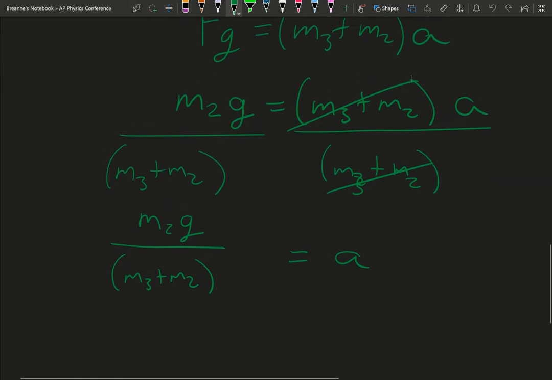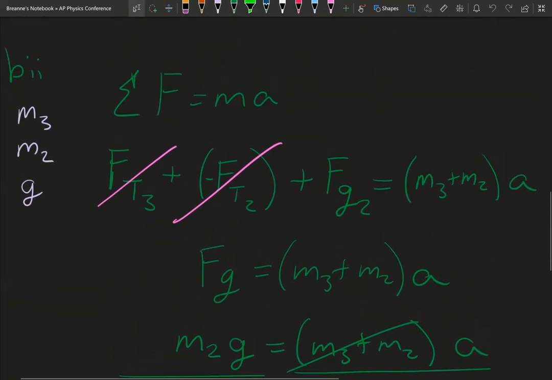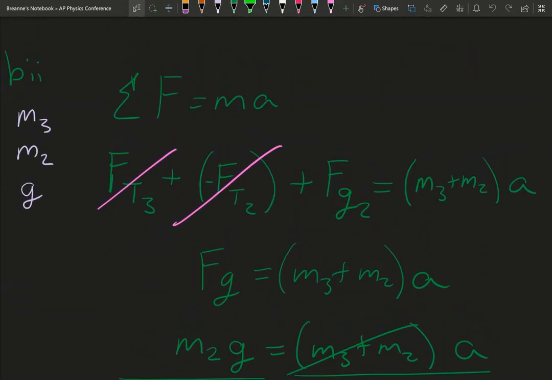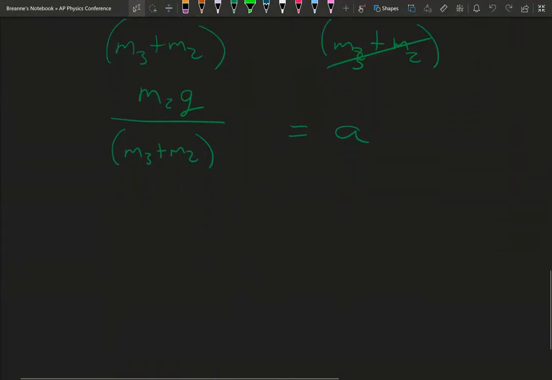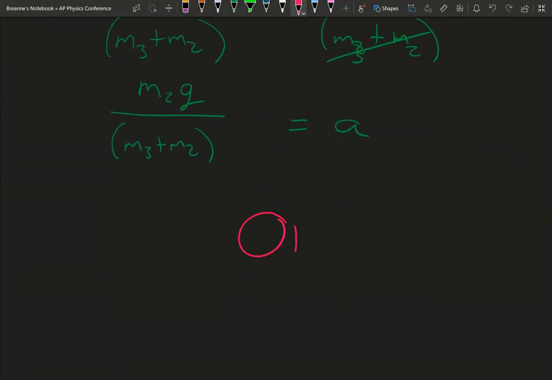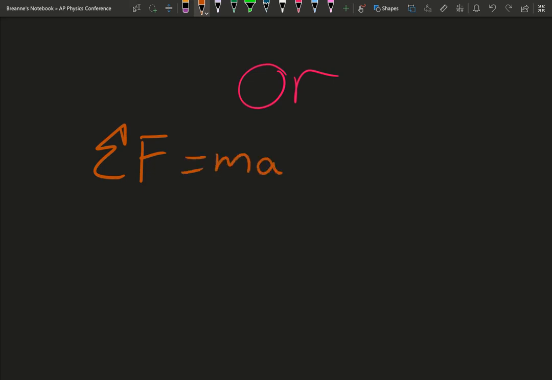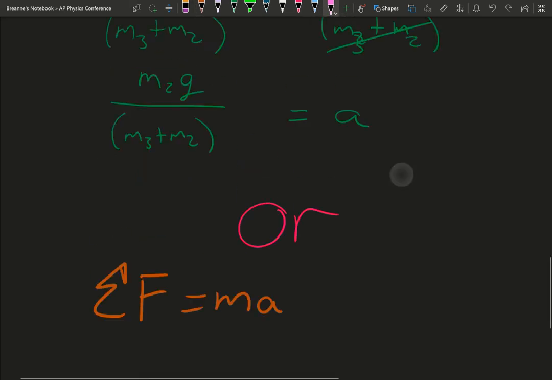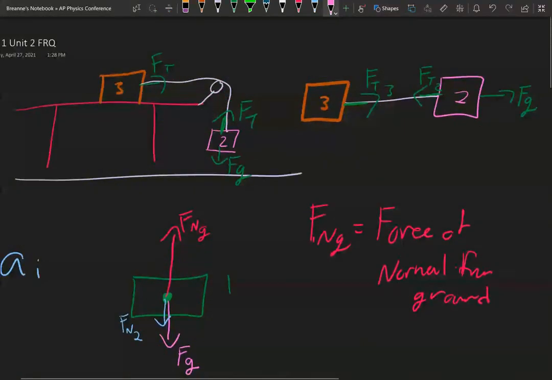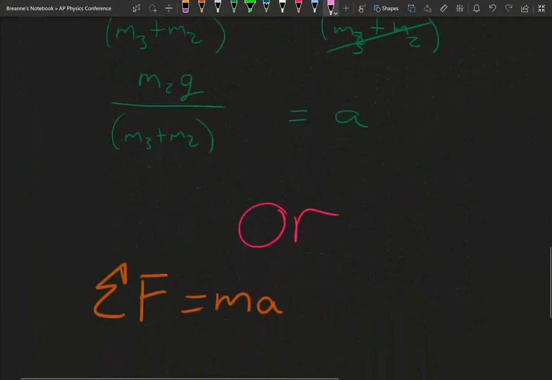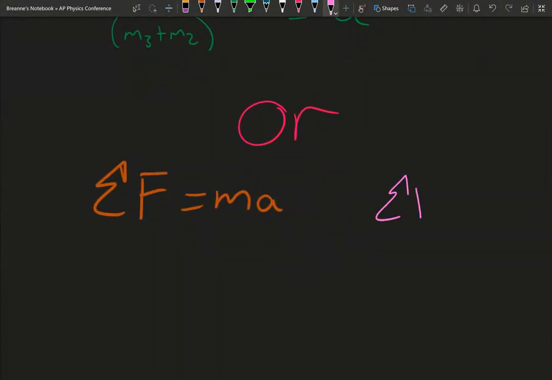So that's one way to treat it, as one big system. Or you can treat it as two different sections. We're going to take the sum of the forces of block 3 and the sum of the forces of block 2.